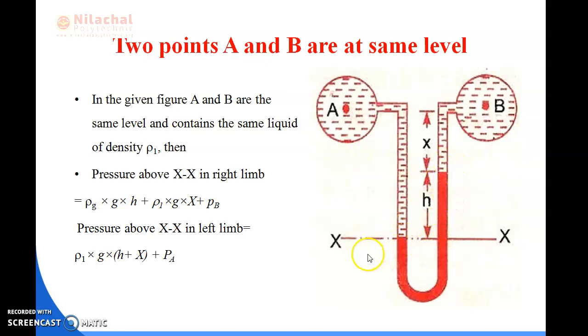Then you will calculate the pressure above the bottom line in the left limb. Then you will equate the pressures. So what is the pressure?